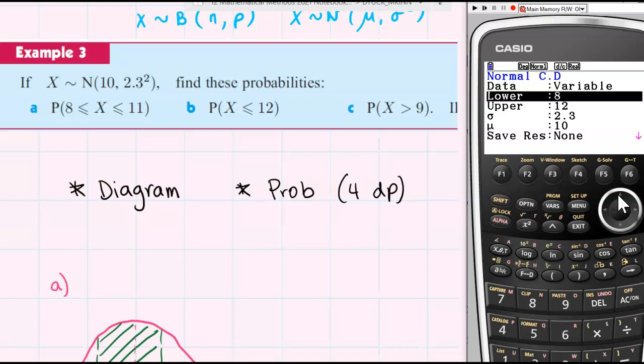There can be extreme outliers. So if we're saying less than 12, your lower bound is not 0. If it's ever something like this, less than or greater than, you put in an extreme value, negative 1,000.